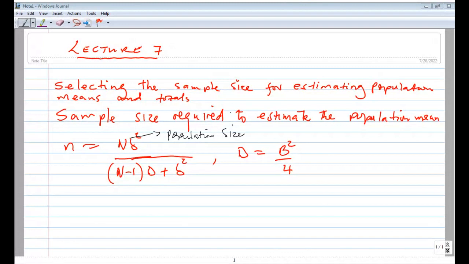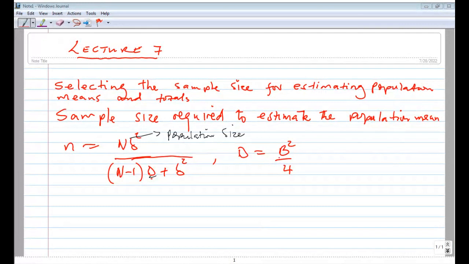Come again. That potato-like symbol, is that how it's written? Which one are you referring to? The one where you say it's equal to B squared over 4. It's D equal to B squared over 4. Oh, it's D. Okay, sir. Yeah, it's D. Sorry.